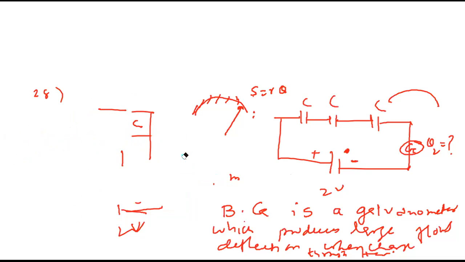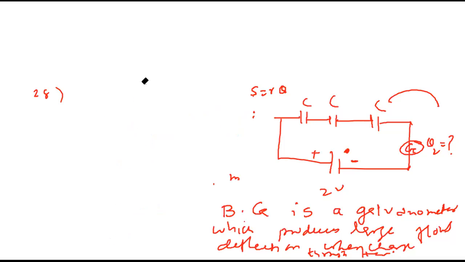What is the equivalent capacity of 3 condensers in parallel? 3C, C1 plus C2 plus C3. So in case 1, total capacity is 3C and total voltage is 2V.